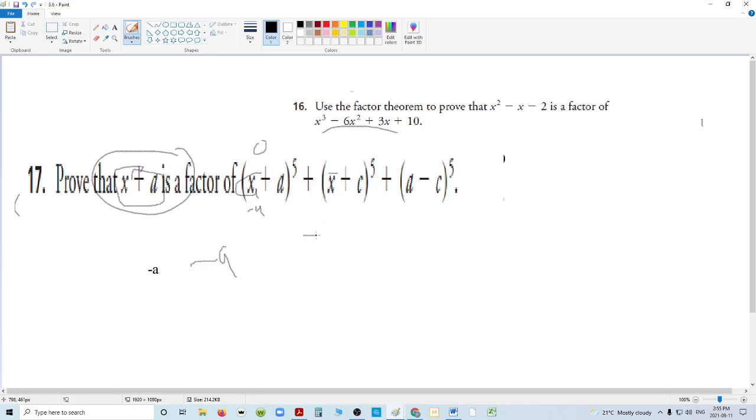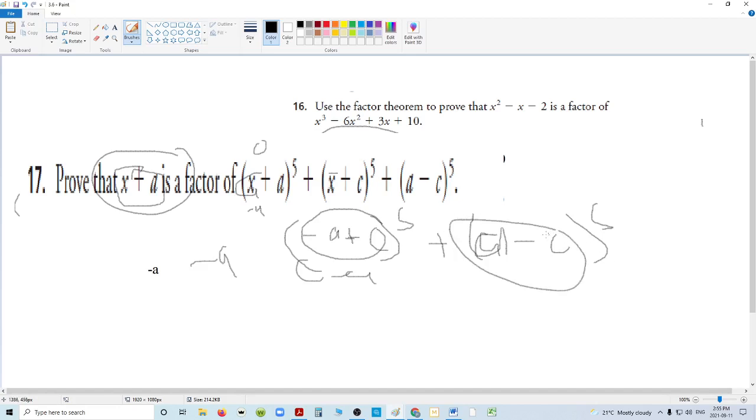Minus a plus c is something we can't figure out yet, except that we're also adding a minus c to the 5, and theoretically anything, this is c minus a over here, and this is a minus c over here.